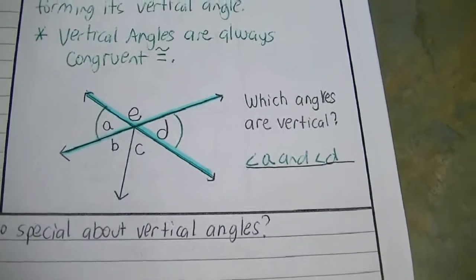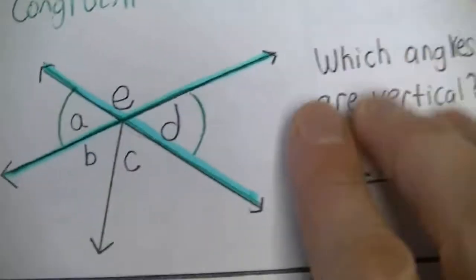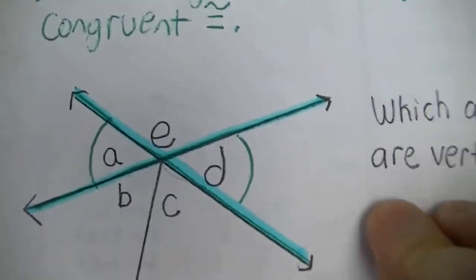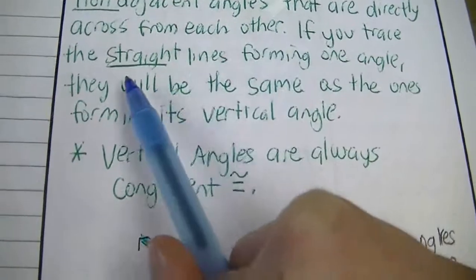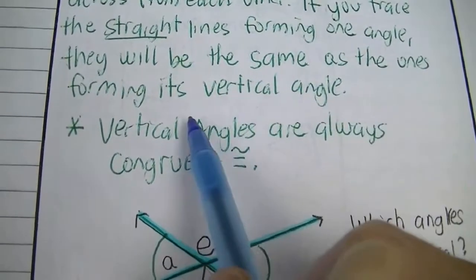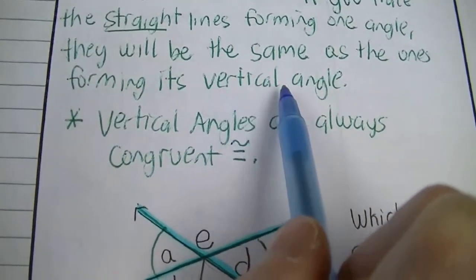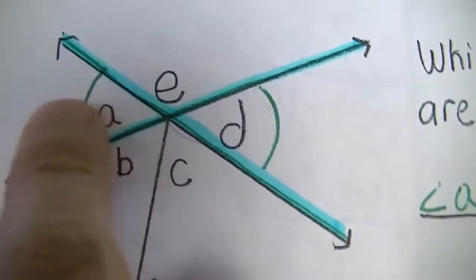So here's the example. The question says which angles are vertical? And like it said above in the notes, if you trace the straight lines forming one angle, they will be the same as the ones forming its vertical angle. So if I'm looking at A and D, they look like they're right across from each other.